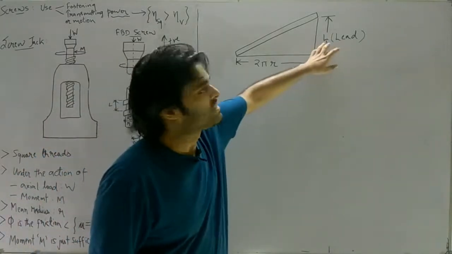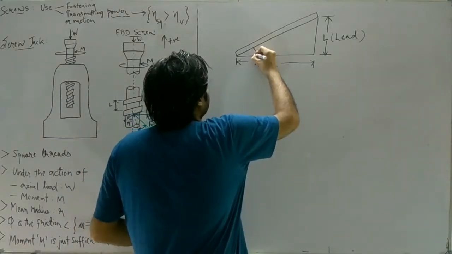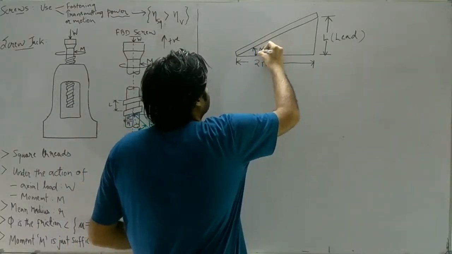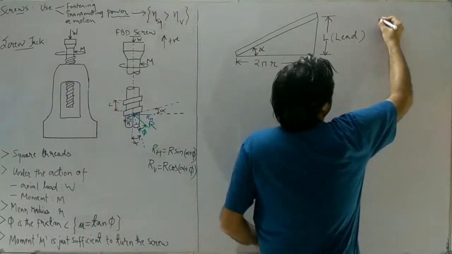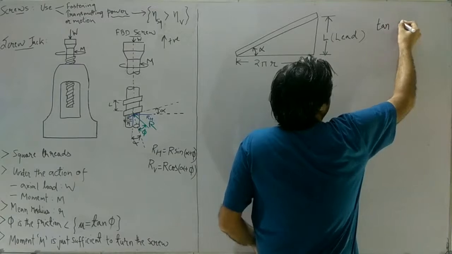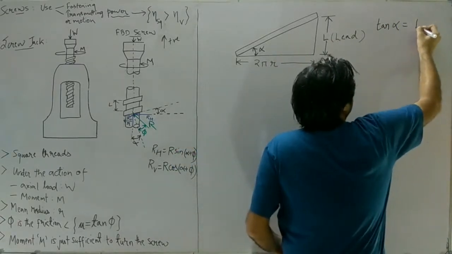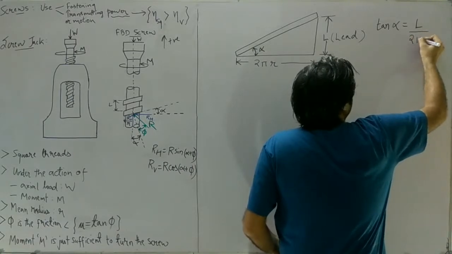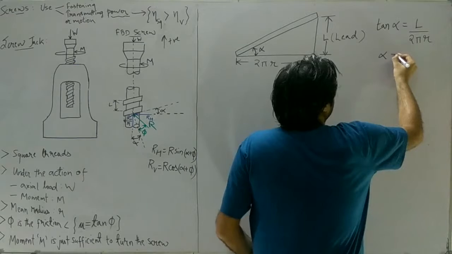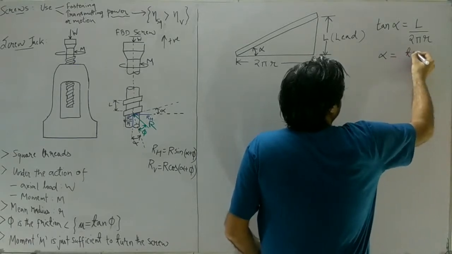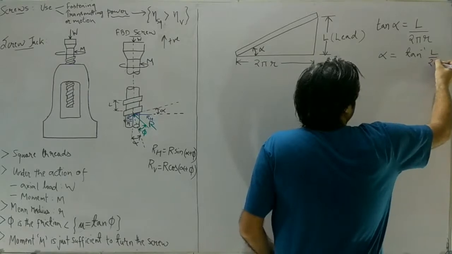So this is the lead, and this angle will be nothing but alpha. So we can have tan alpha as L divided by 2 pi r, or alpha is obtained as tan inverse of L by 2 pi r.